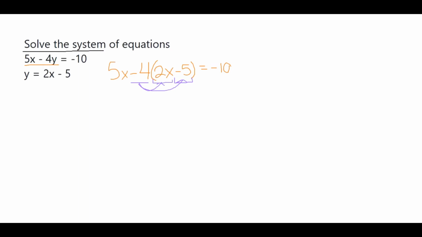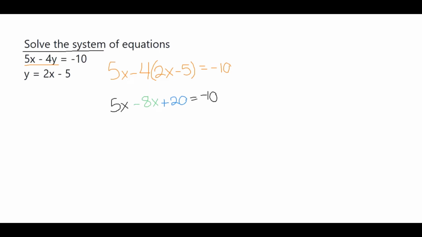That would give you negative 8x. And you still have the 5x from earlier, nothing happened to it, so you'll just include that in the equation. And then you would distribute negative 4 to negative 5, and that would give you positive 20, because a negative times a negative makes a positive. And you still have your negative 10 on the right side of the equation.